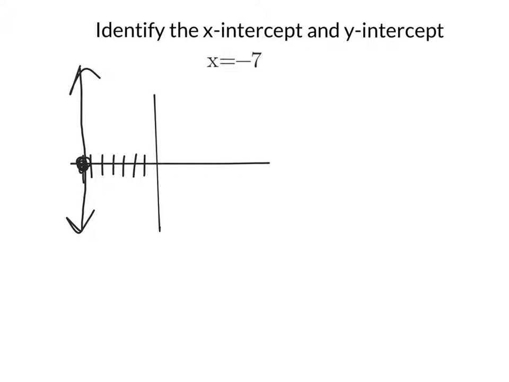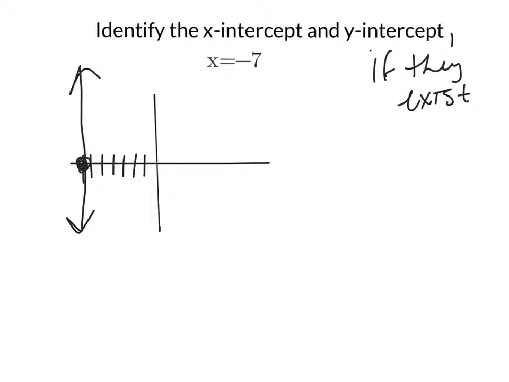I believe on your summer assignment, the directions say identify the x and y intercept if they exist. In this case, we don't have a y-intercept. There's no way that this vertical line would ever touch the y-axis. So we have no y-intercept, but we clearly do have an x-intercept, and it's right here at -7.